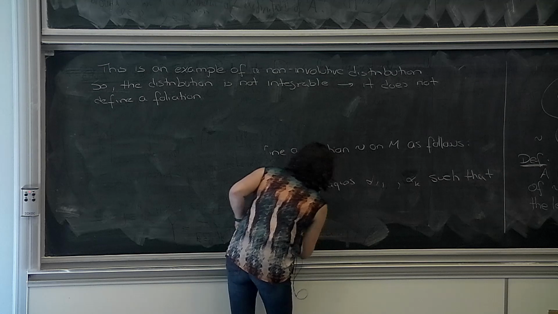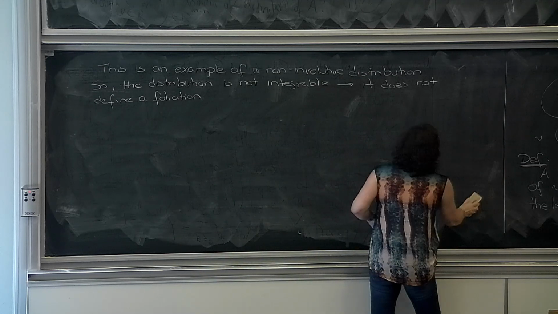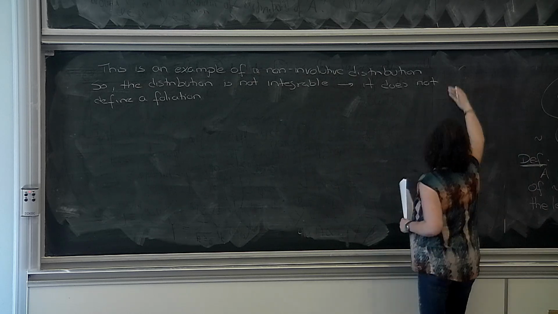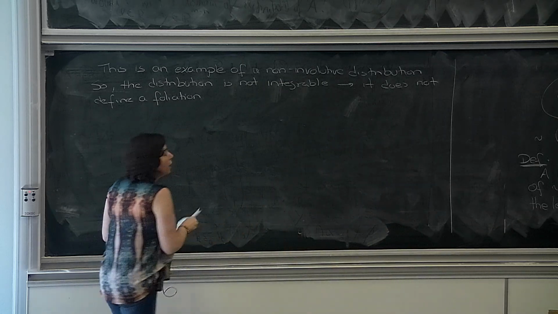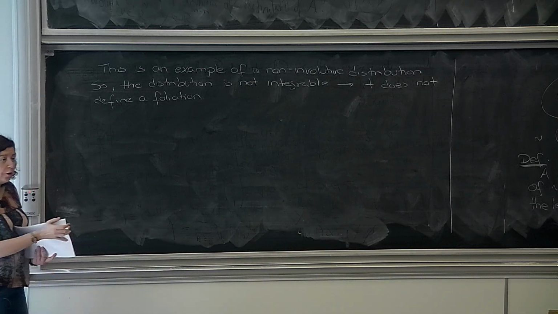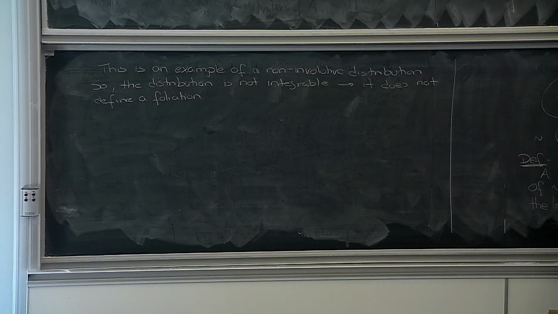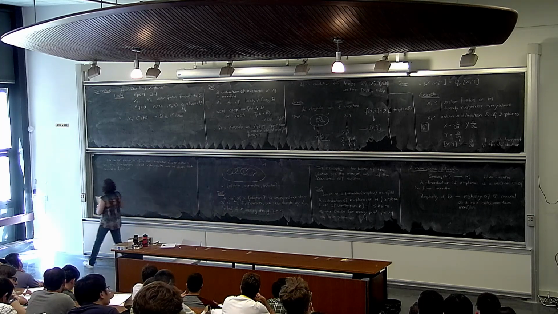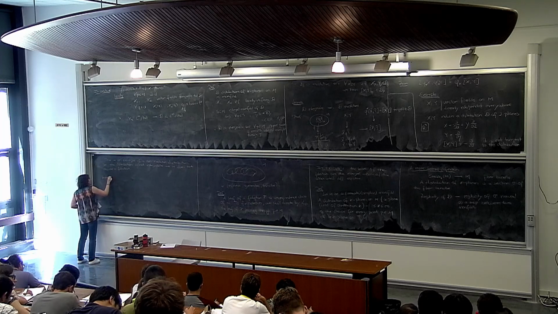So in order for a distribution to define a foliation, at least the distribution has to be involutive. Okay? And what Frobenius Theorem says is that, okay, this is an obstruction, but this is the unique obstruction. Okay, so we have Frobenius Theorem.